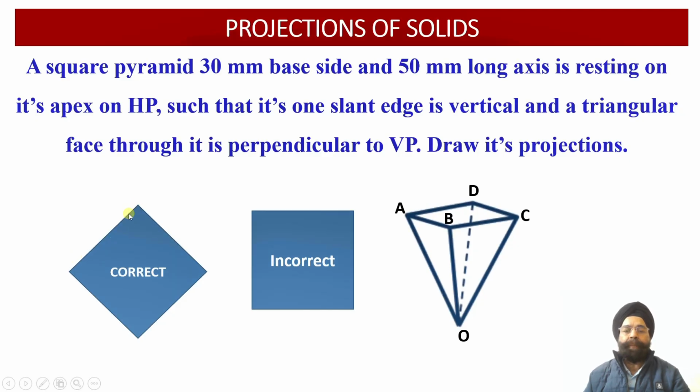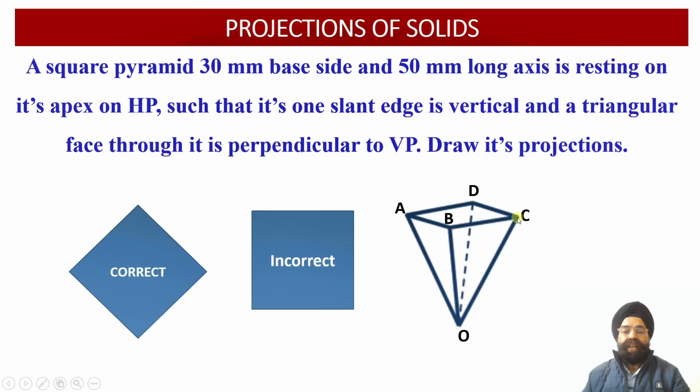Whereas if we locate the square pyramid on the horizontal plane in this orientation, then this will be OA slant edge, this will be OB, this will be OC and this will be OD slant edge. So we can make one slant edge perpendicular to the horizontal plane, or vertical, over here. The two slant edges OB and OD will be overlapping.